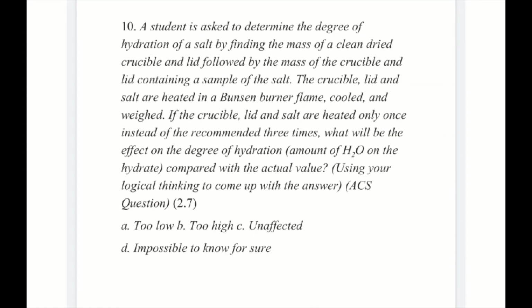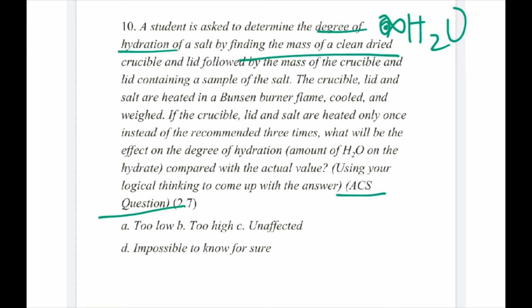Now this is another chemistry Olympiad question, so expect it to be a little bit challenging, but anything is possible, so let's do this. A student is asked to determine the degree of hydration. The degree of hydration is the amount of water molecules that are attached, of a salt, by finding the mass of a clean dried crucible and lid, followed by the mass of the crucible and lid containing a sample of the salt.